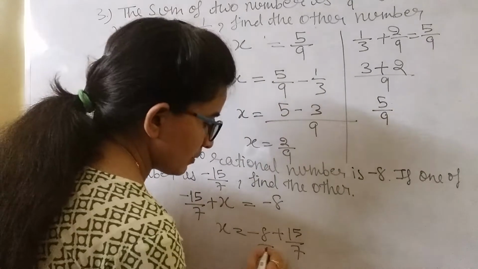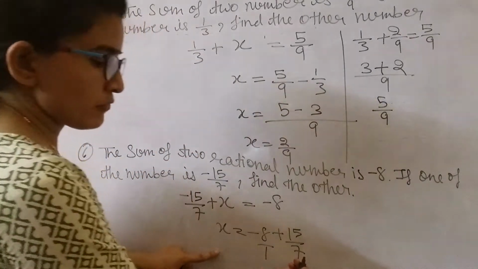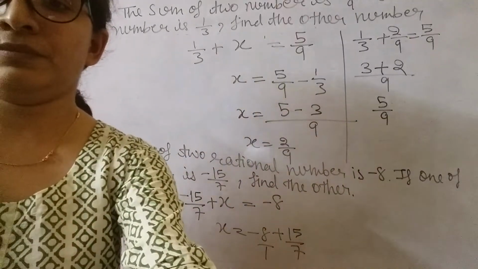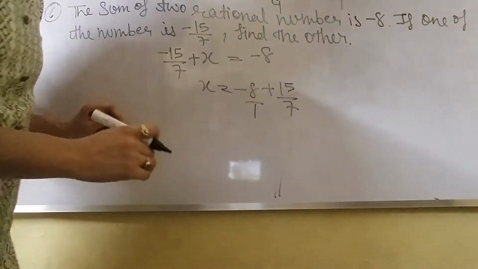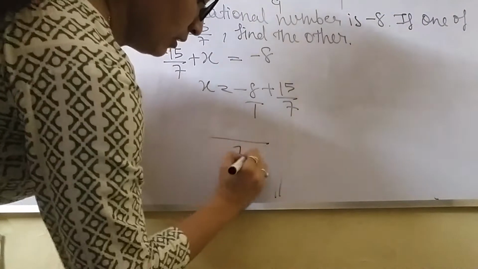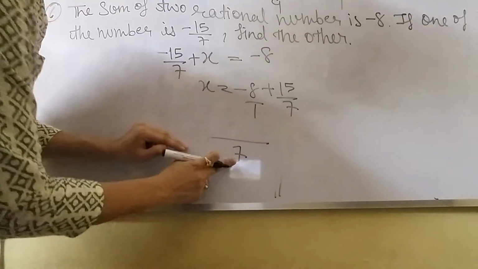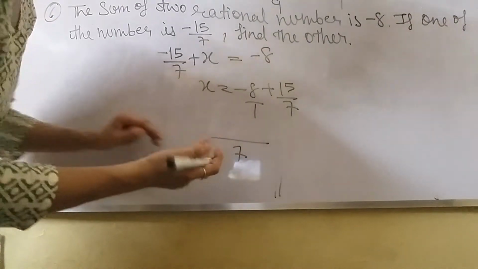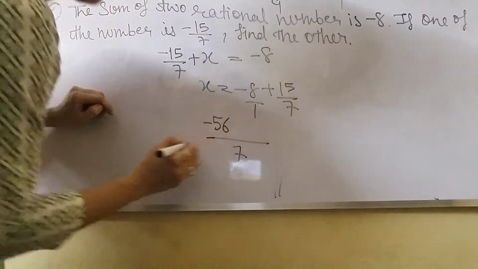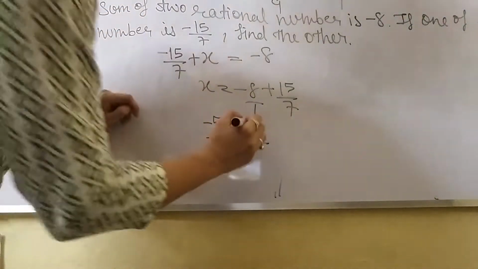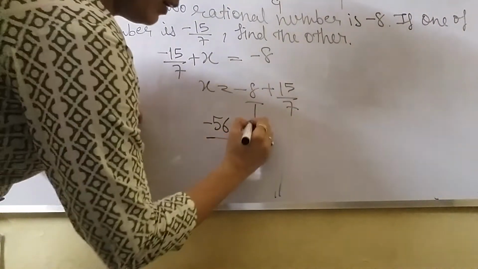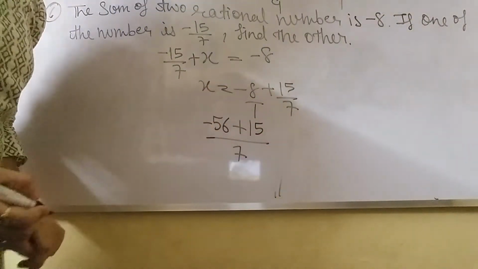Now if we solve this, we will take LCM of 7 and 1, that will be 7, and now 7 will be divided by 1, we will get 7, and 7 will be multiplying with 8, we will get 56. Sign will be of minus, plus 7 will be divided by 7, we will get 1, and here this number will remain the same.